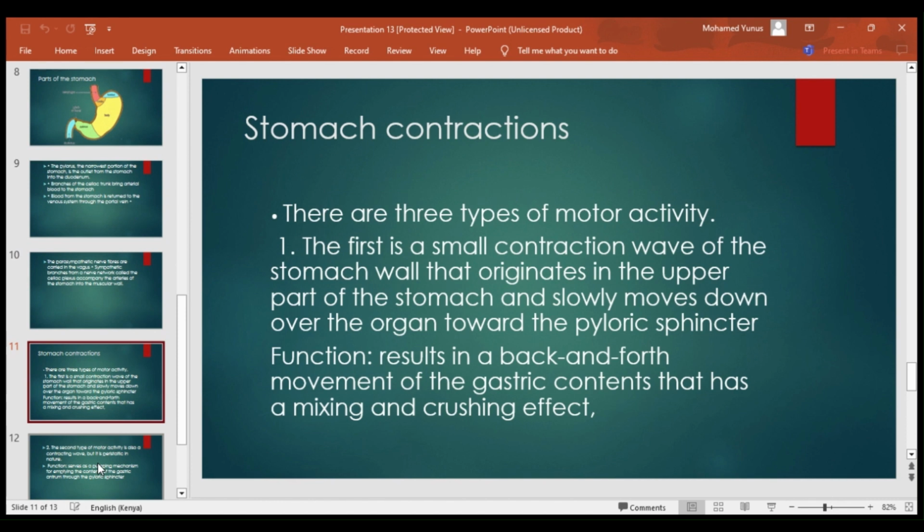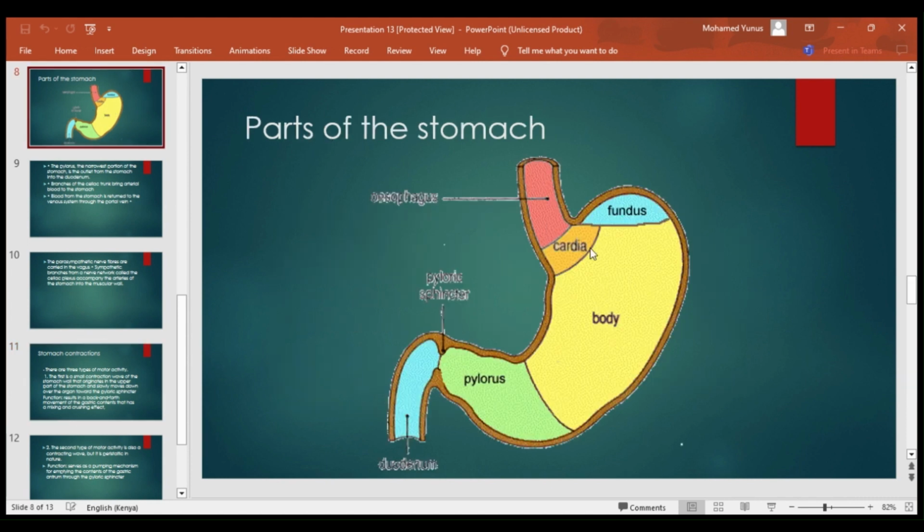We find that there are three types of motor activity in the stomach, and the first is a small contraction wave of the stomach wall that originates from the upper part of the stomach and slowly moves down over the organ towards the pyloric sphincter.